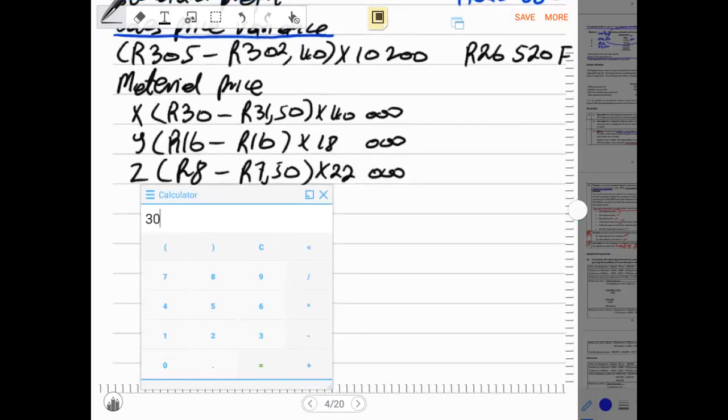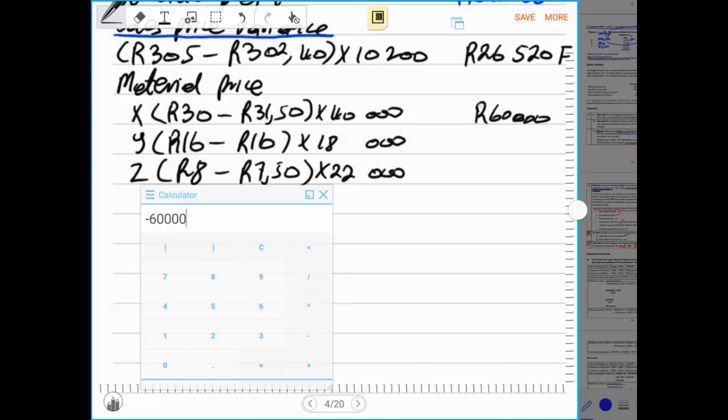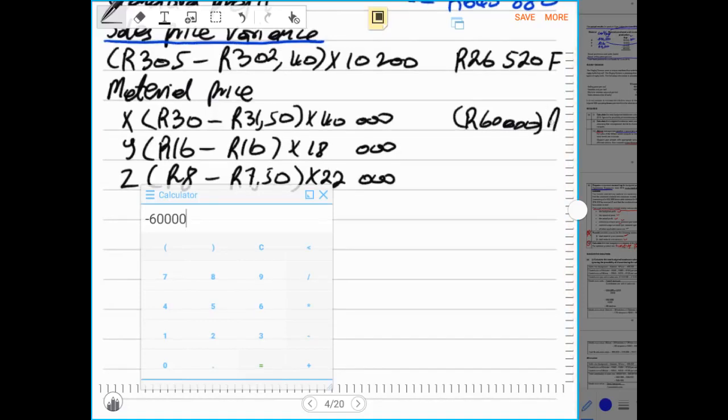So it will be 30 minus 31.50, which is 1.50, times 40,000. This variance will be unfavorable at the value of 60,000. If it's unfavorable, we just say A representing adverse. There will be nothing here because 16 minus 16 is 0. Then we have 8 minus 7.5, and we times this by 22,000.